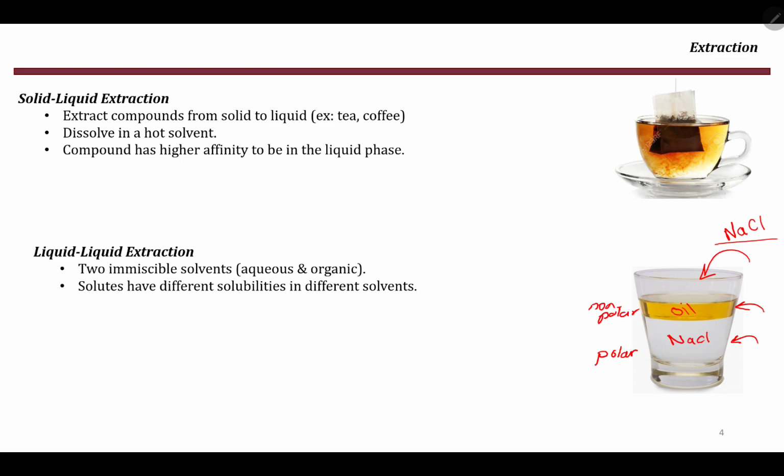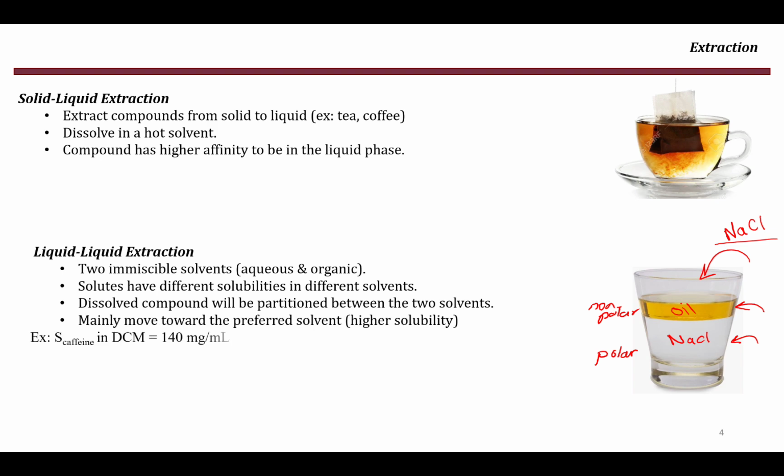So this is a simplified version of extraction, or the simplified version of the meaning of partitioning. So whenever you have a compound, this compound will have two choices, either to go to solvent 1 or to solvent 2. This compound will always partition. It will always distribute itself between the two layers, but it will always exist in a larger quantity in the solvent where it has higher solubility.